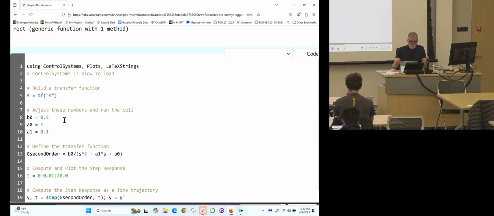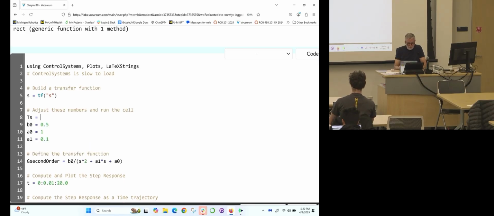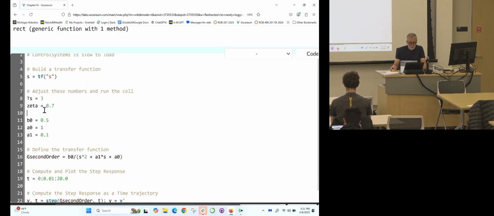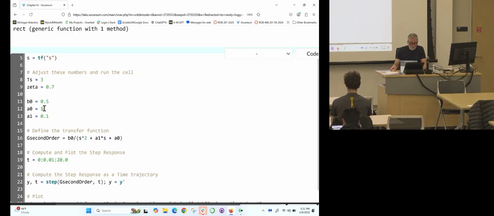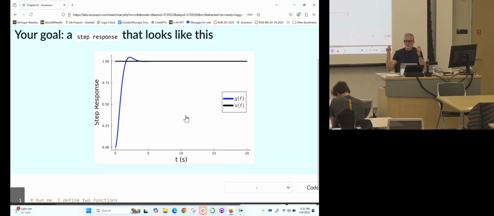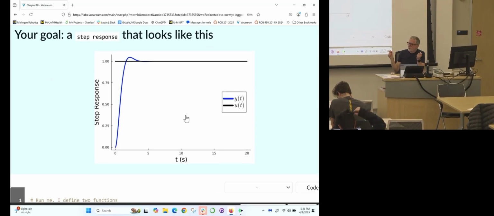So set your TS equals 3, your zeta equals 0.7, and then solve for the values here to turn this into a standard second order system. So look at your formula for the standard second order system, do the B0, A0, A1s, and then see how close to this you get, okay? And it's just one shot is the point here. It's a single shot. You're not guessing anymore.